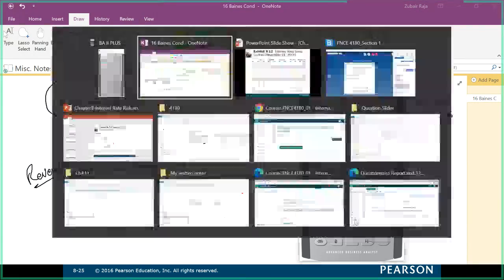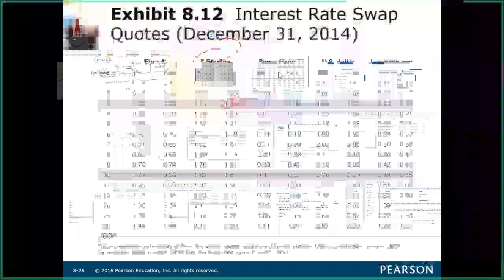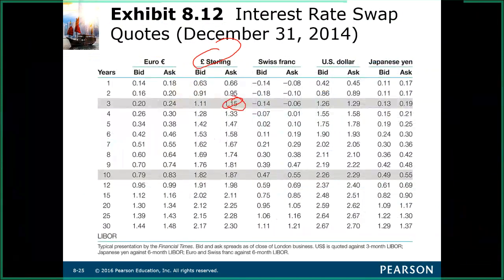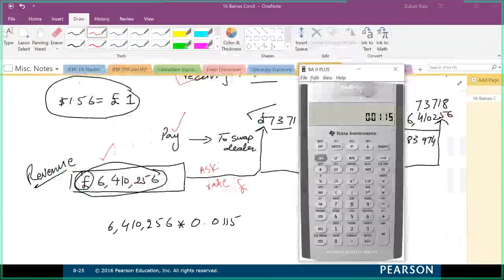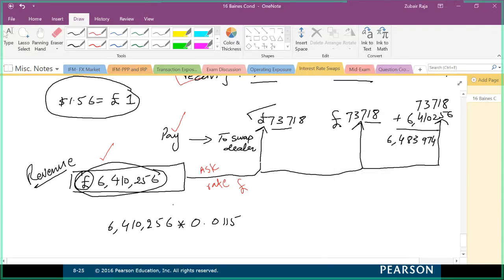You simply divide this 1.15, because this is in terms of percentage, by 100, so you'll get 0.0115. So enter, this will give you 73,717, or in fact if you round it off to the nearest ones, it will give you 73,718 pounds at the end of every period.